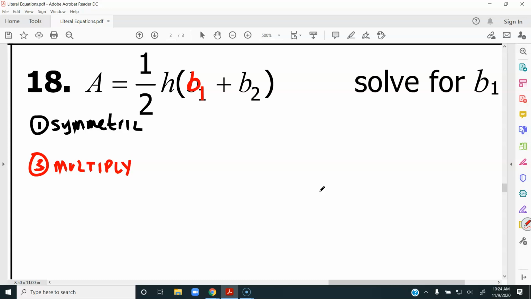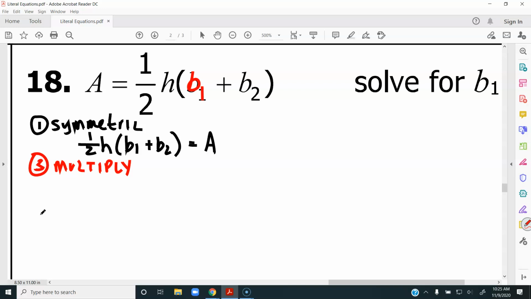Okay, so that gets that out of there. Okay, then we are going to distribute. Actually, let's get to here and let's see what we get when we get to there. So we're going to make this 1 over 1/2 h times b1 plus b2 is equal to a.